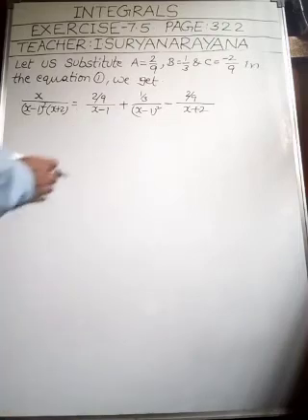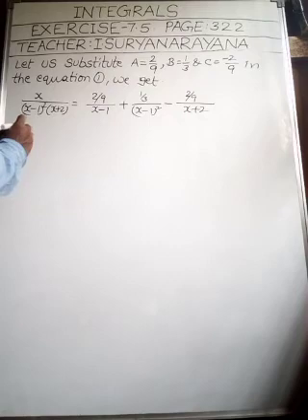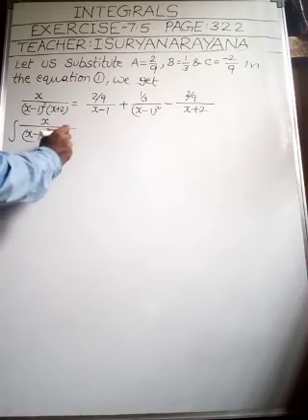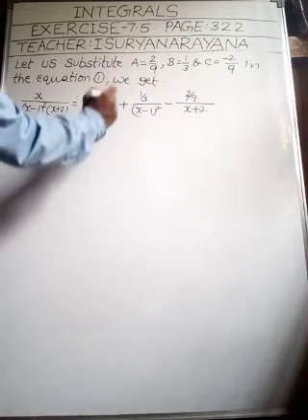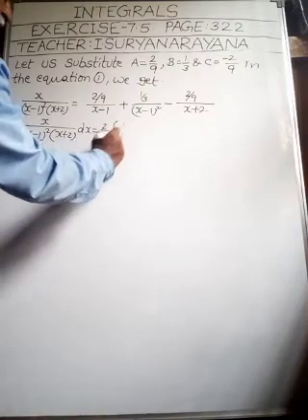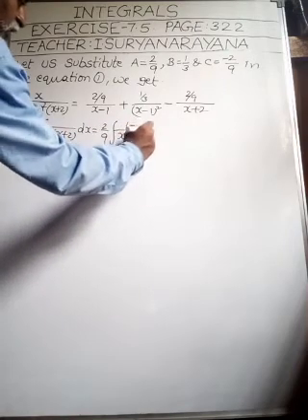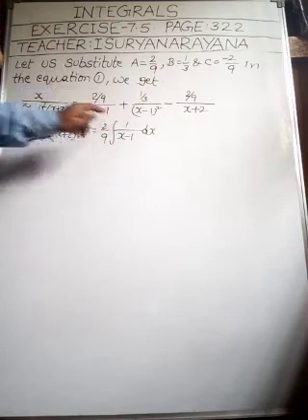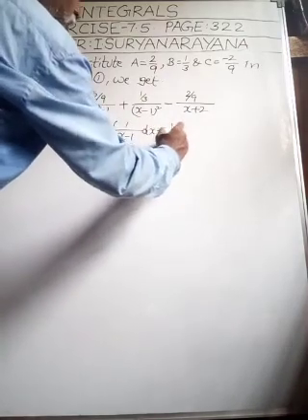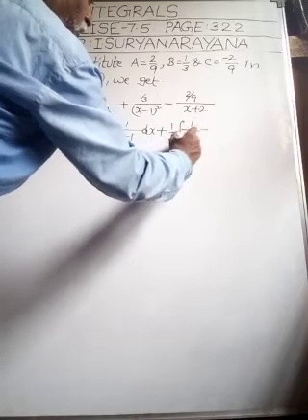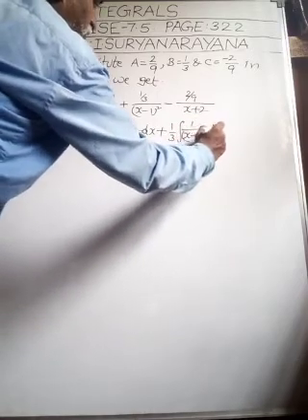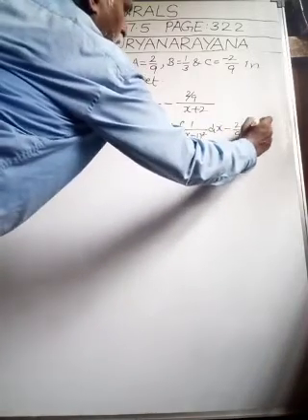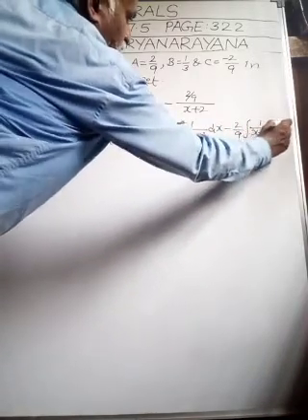Now let us integrate on both sides. So integrating integral x by x minus 1 whole square into x plus 2 dx is equal to 2 by 9 integral 1 by x minus 1 dx. Here I am writing the directly integrals plus 1 by 3 integral 1 by x minus 1 whole square dx minus 2 by 9 integral 1 by x plus 2 dx.